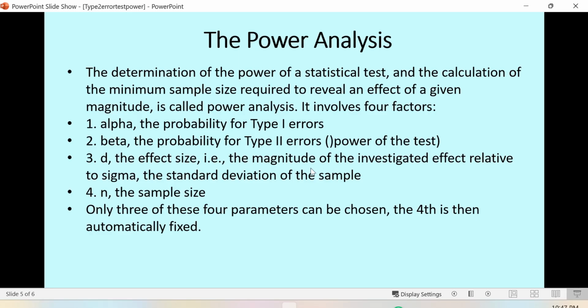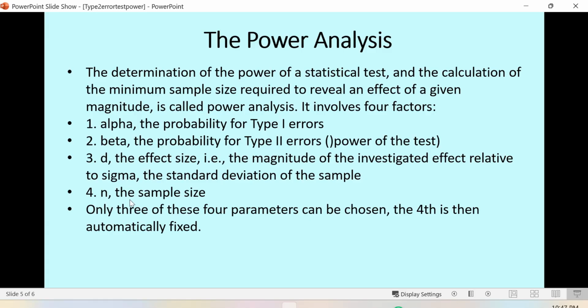So different tests, for example, for the population mean, for the population variance, or other kinds of tests, have different meanings of the effect size. These have different magnitudes. But generally, this magnitude can be compared with the standard deviation of the sample. So this is called effect size.